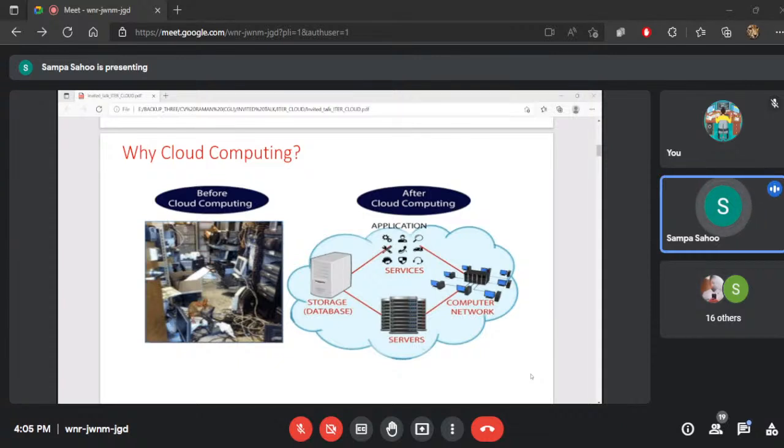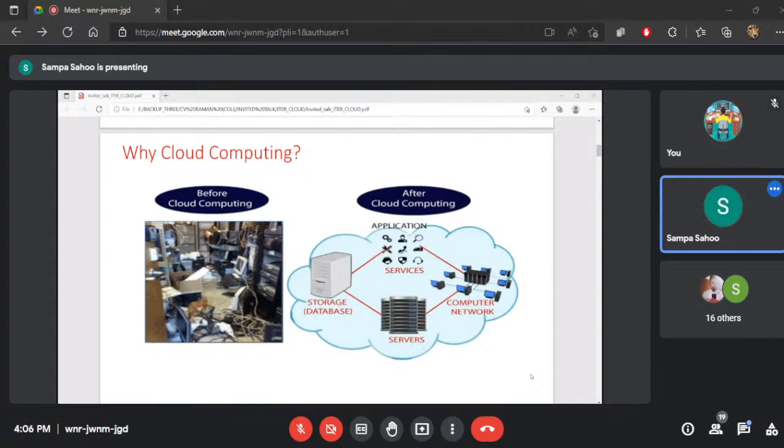So what advantage will cloud computing bring here? Those servers, your database server or networking or any other servers, will now be provided by a third party. So the organization or a particular company doesn't need to maintain this infrastructure. They can just rent this from the third party or the cloud service provider companies like Amazon, Azure, Google.